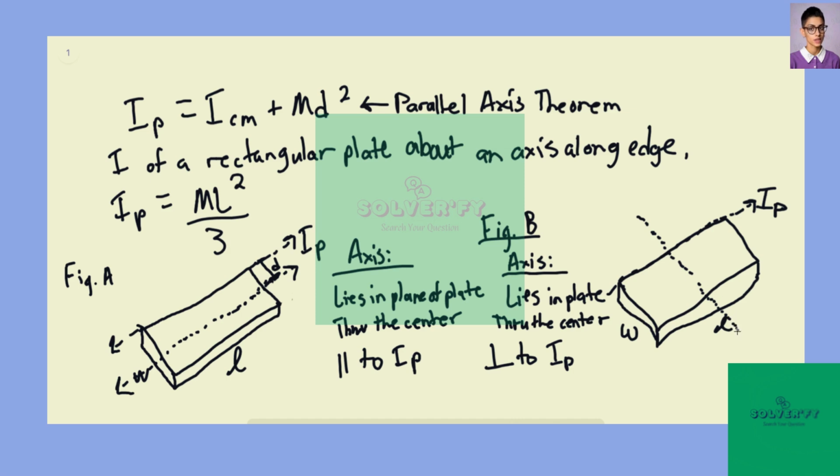This would be our axis. And then this distance right here would be d.